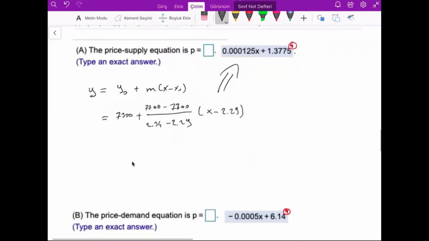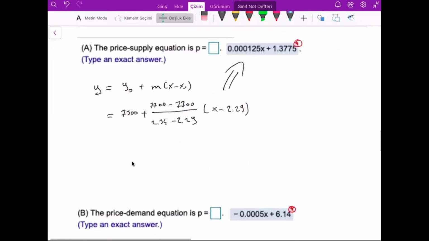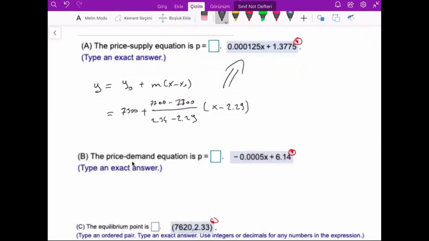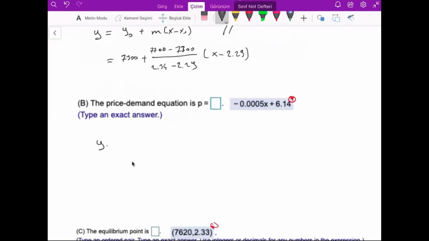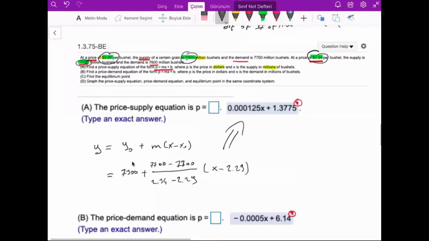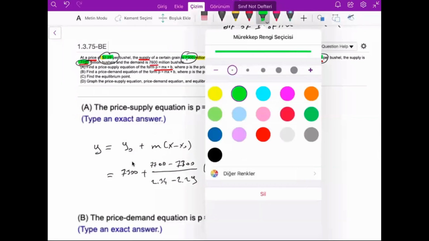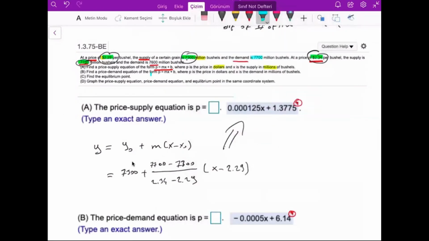I will not do the calculation. And for the demand, you should use the demand values. So y equals, but we should focus on the demand. Let's choose another color. Demand is that one, demand is this one. So here we should consider this one, and this price with the demand.